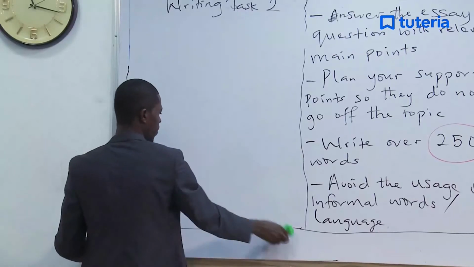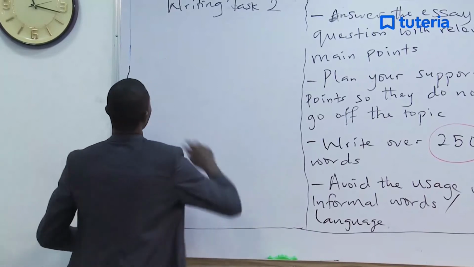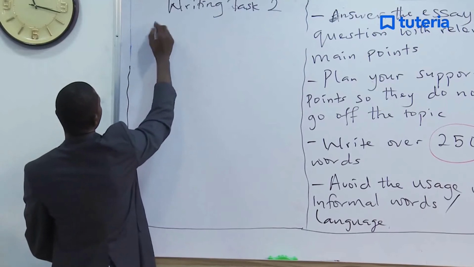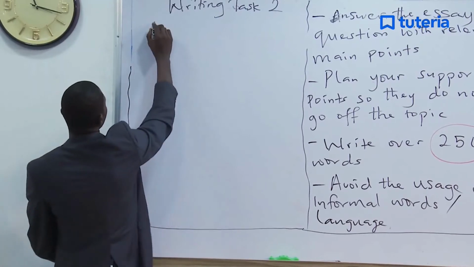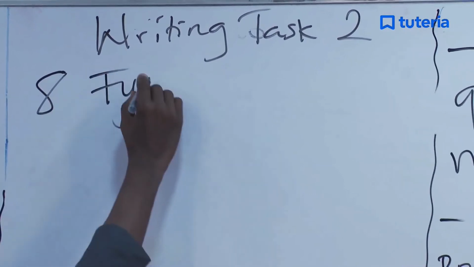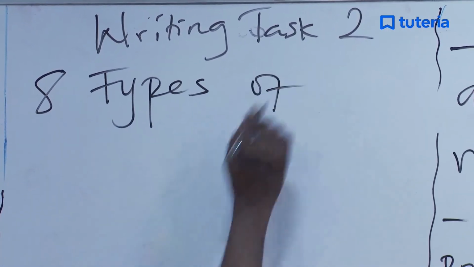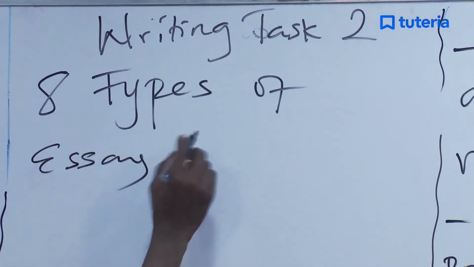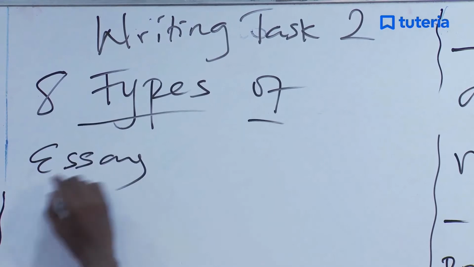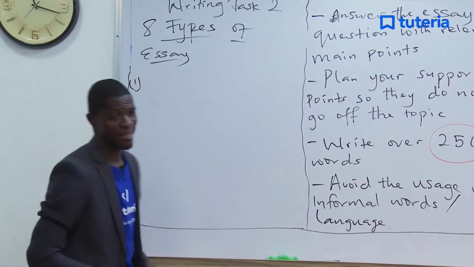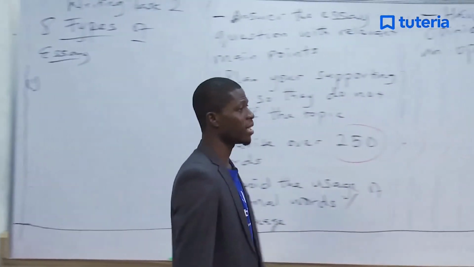So we have about just 8 types of essays I could be given in the exam. So what are they? Number 1, we usually follow the trend of the questions given in the exam.